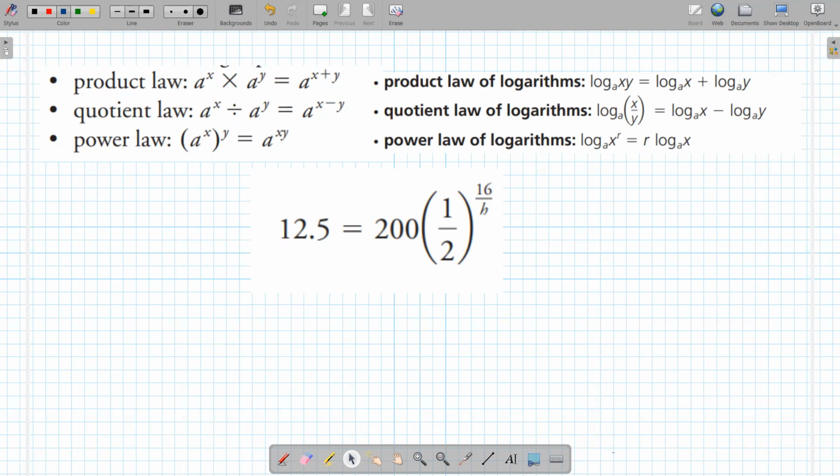That's the question. What's the first step? You divide by 200. And this is not gonna be a nice number, is it? Whatever. It's 0.0625 equals 1/2 to the power of 16 over h. What's next?